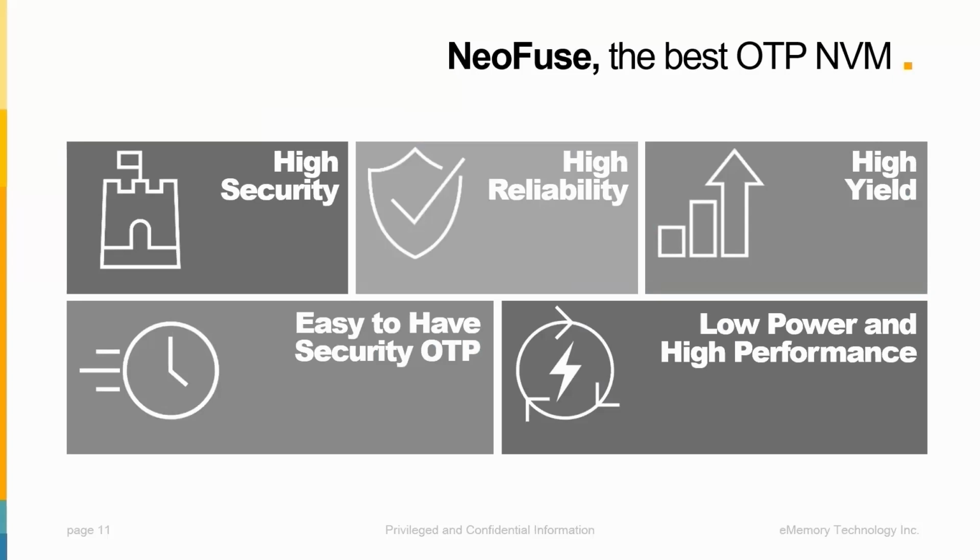At the same time, additional security features can be implemented in the OTP IP to provide best-in-class secure data storage. Lastly, the NeoFuse OTP provides a wide power supply range, low power consumption, and high performance. These features prove that NeoFuse is one of the most reliable non-volatile memory IPs in the current market.